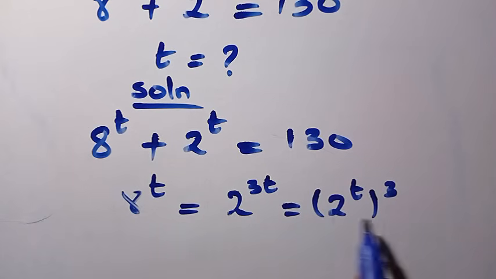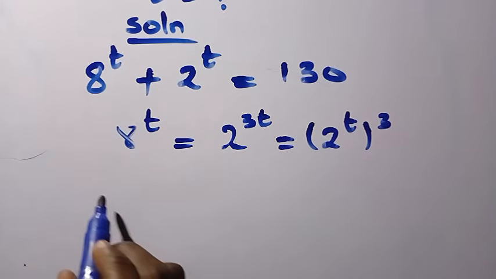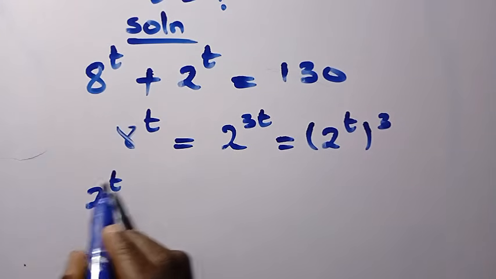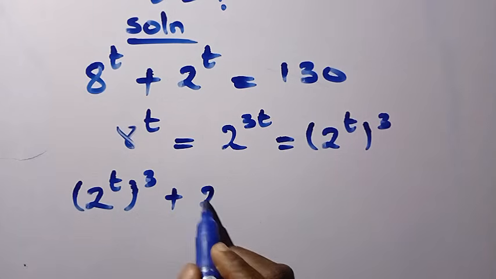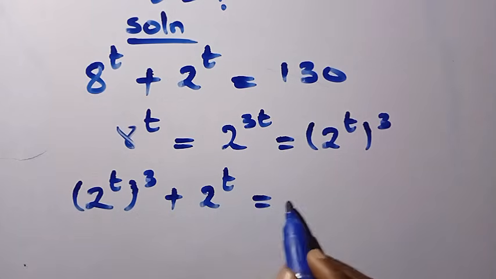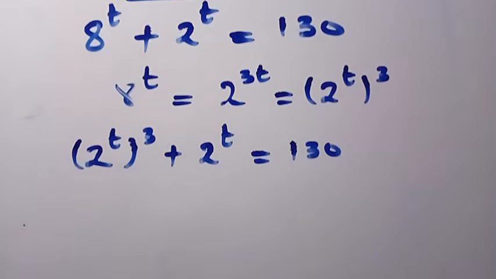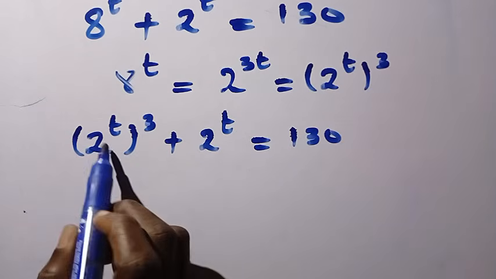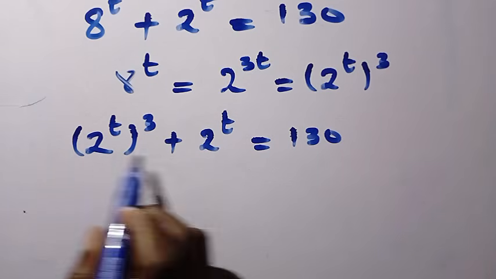So by replacing it, we have (2^t)^3 + 2^t = 130. Here 2^t is common.